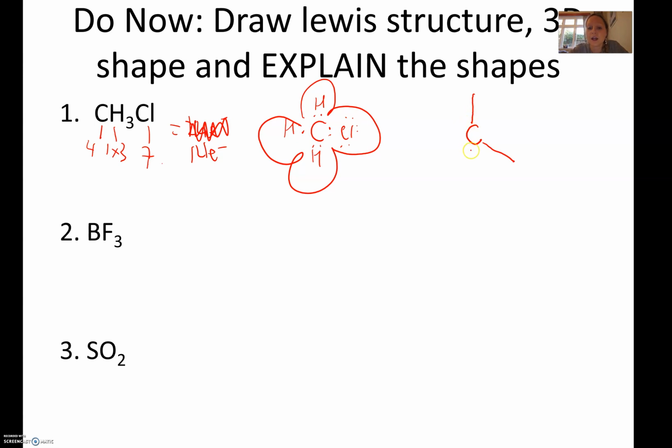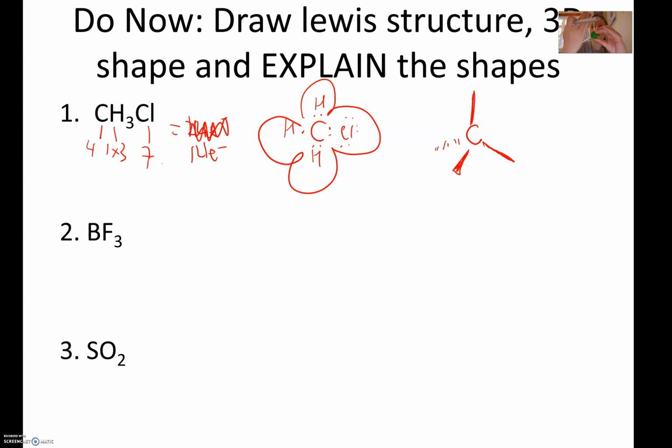So straight, and then solid, and then dotty. You've not seen these, but what do these solid and dotty represent? And straight. So straight represents in the plane of the page. If you have a look at your tetrahedral model, bring yours in front of you, 2 of them, if you hold them like that, are in the plane of the page together.